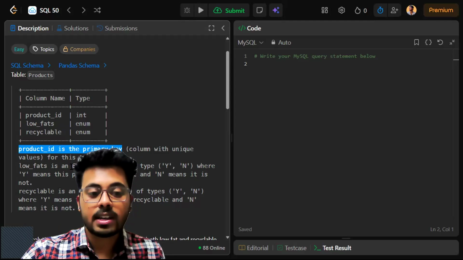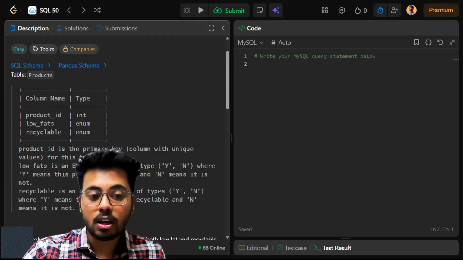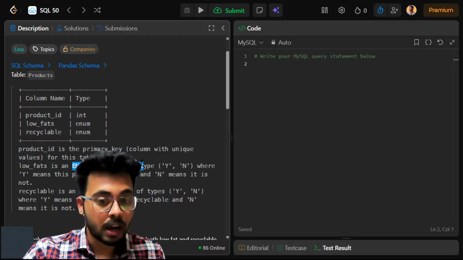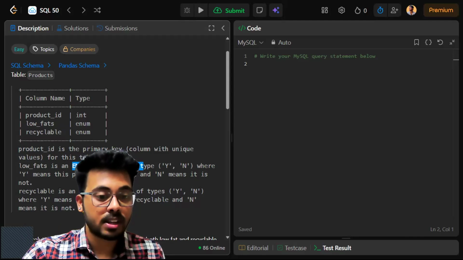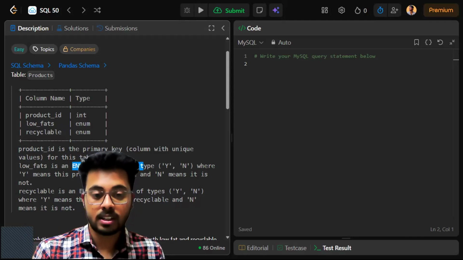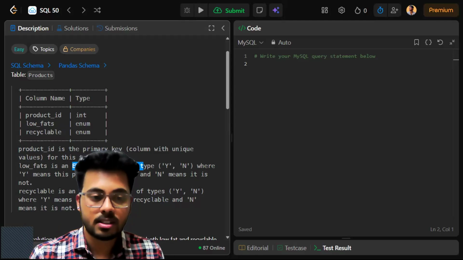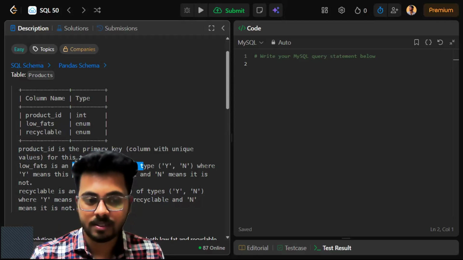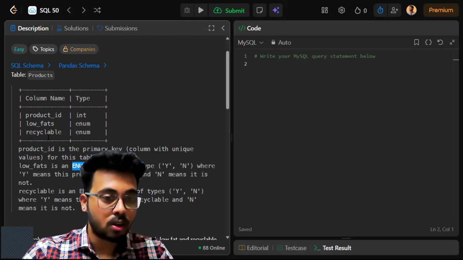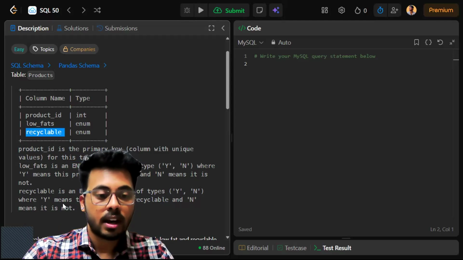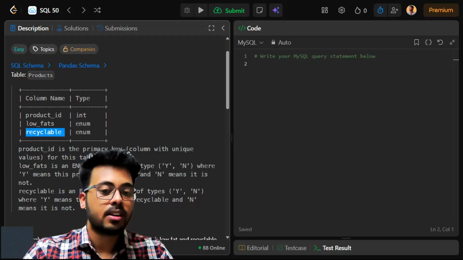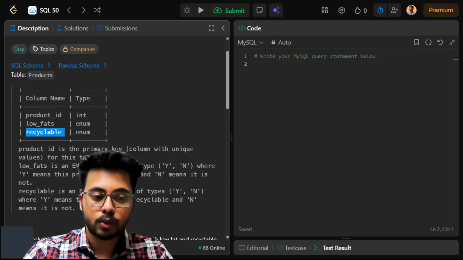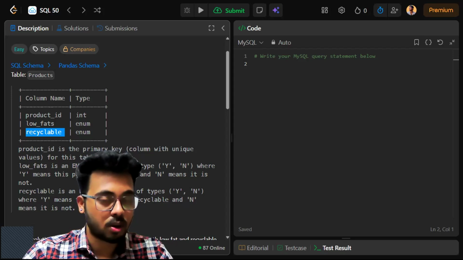Now, low_fats is an enum, that means an enumerate category of type Y and N, where Y represents this product is low fat and N represents it doesn't belong to the low fat category. The third column, recyclable, is also an enum type having Y and N values, where Y represents a given product is recyclable and N states it is not.